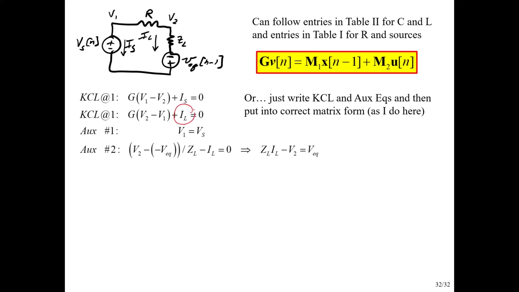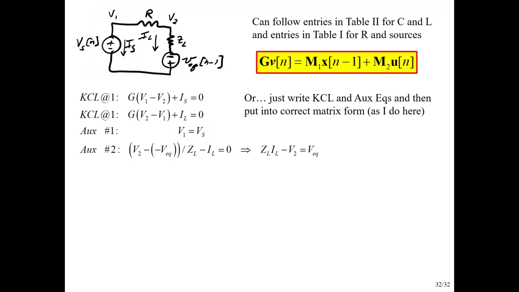We're writing it in terms that are in our V vector, and IL is in our V vector, so go for it. And then V1 is equal to Vs. That's just like we saw the auxiliary equation for the capacitor. So you almost always have an auxiliary equation due to a voltage source connecting into a node somewhere in these kinds of circuits.